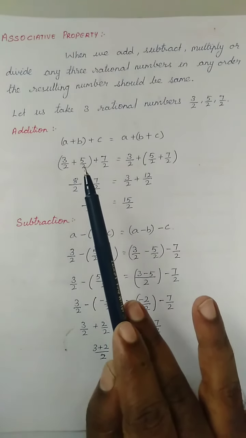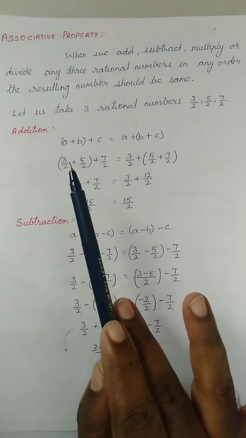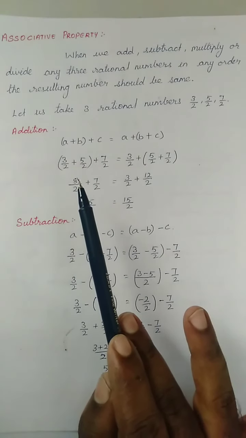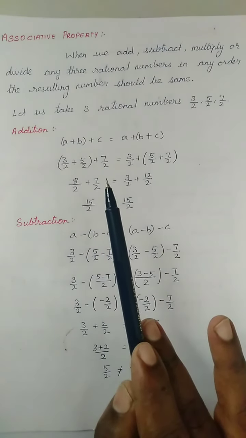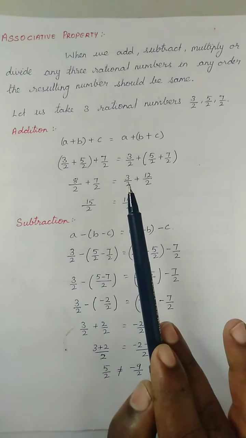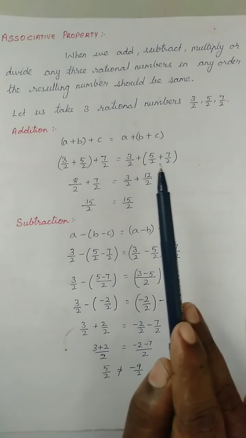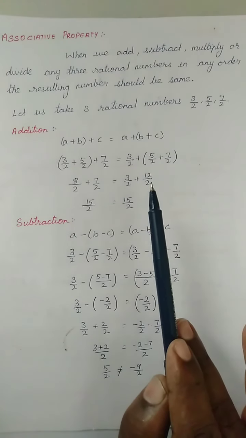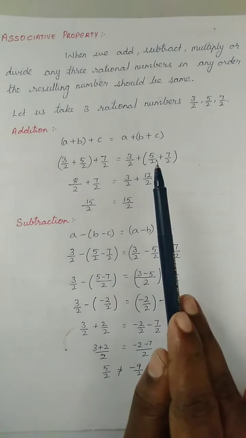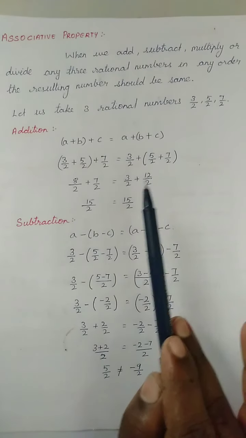3 by 2 plus 5 by 2, both the denominators are the same, so add the numerators. 3 plus 5, 8, plus 7 by 2. Similarly, 3 by 2, write it as it is. Since 5 by 2 plus 7 by 2, both the denominators are the same, so write the same denominator 2 and add the numerators. 5 plus 7 equals 12.